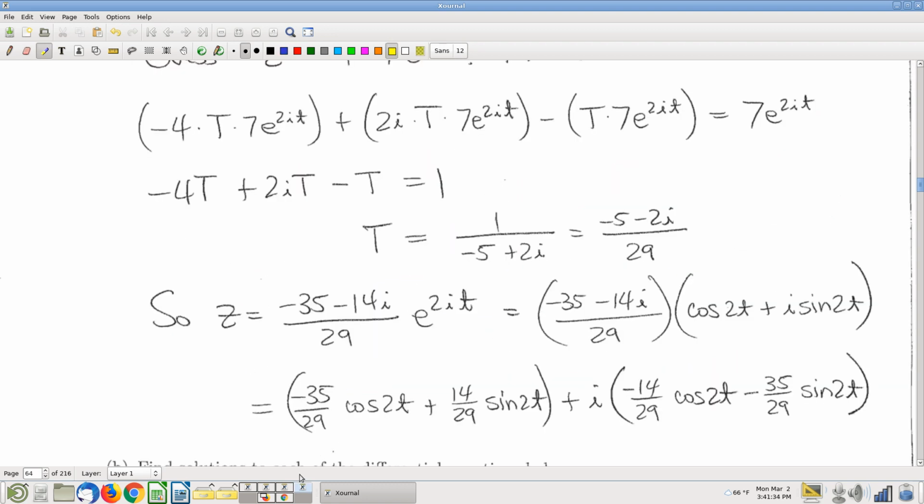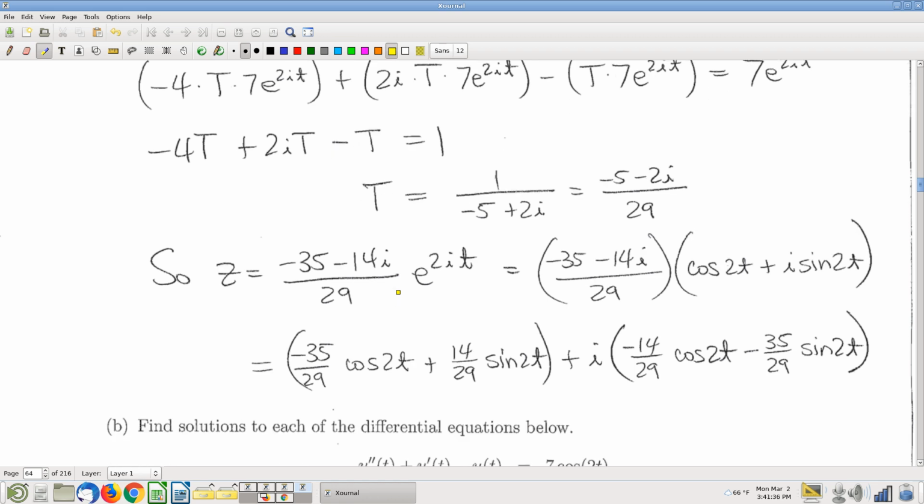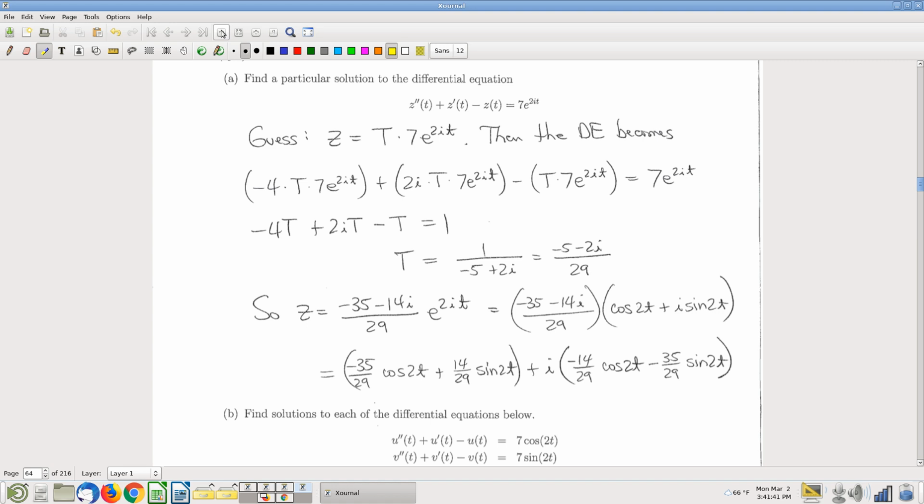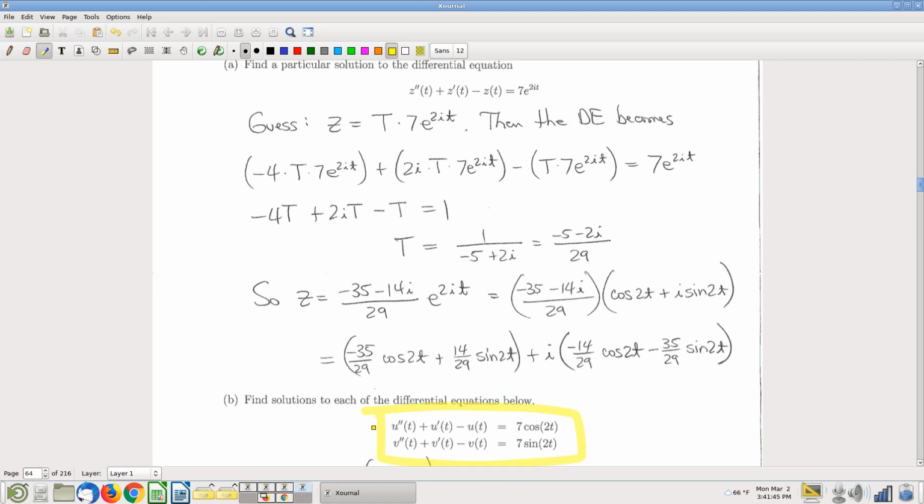So notice the second part of this exam question is directly connected to that. The second part of the exam question says, let's solve these two differential equations down here. Now, if you don't understand the connection between real differential equations and their equivalent complex differential equations, then you would look at those two differential equations and this one differential equation and just see three differential equations, right?